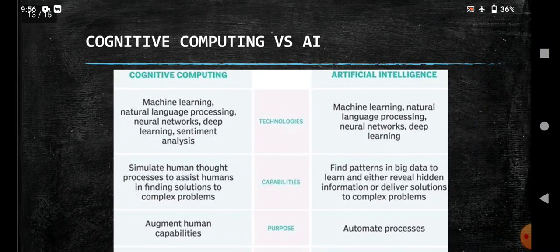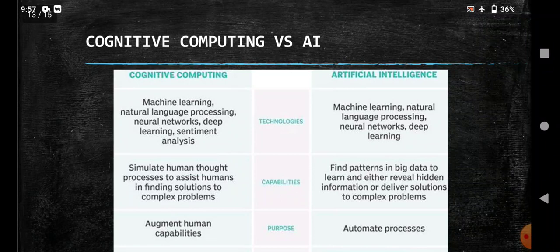Let's move on and understand the difference between cognitive computing and artificial intelligence. The technology behind cognitive computing is very similar to the technology behind artificial intelligence. These include machine learning, deep learning, neural networks, etc. But they do have various differences as well.